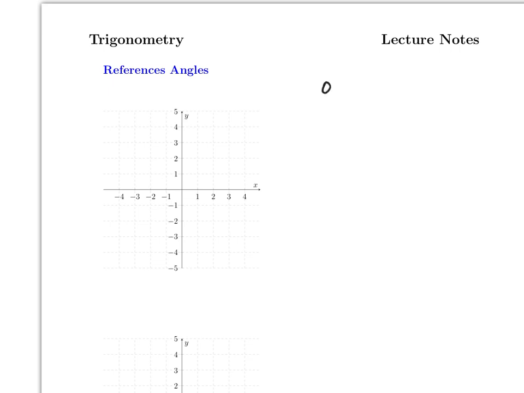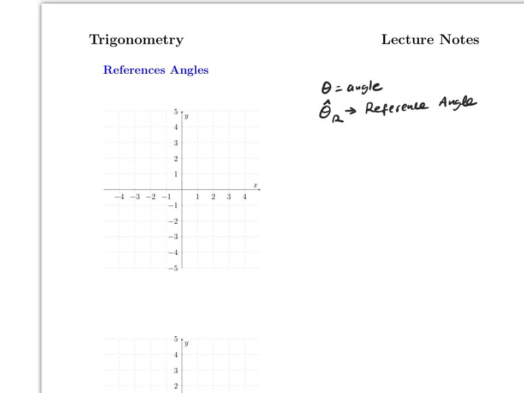So theta is usually the angle that people are asking you for. And theta with a hat, sometimes the notation is theta hat with R, is going to mean the reference angle. And you'll see that the reference angle is going to be very, very useful.